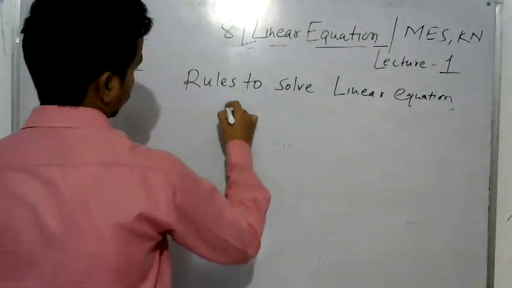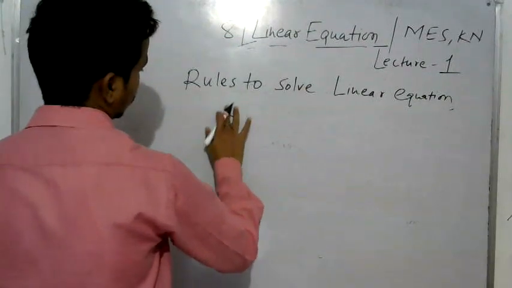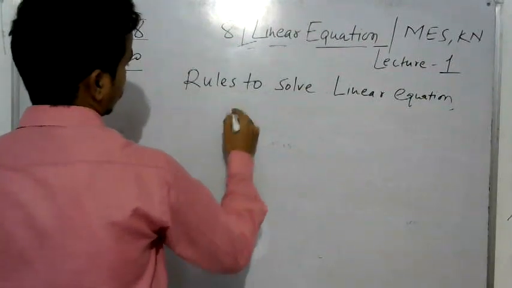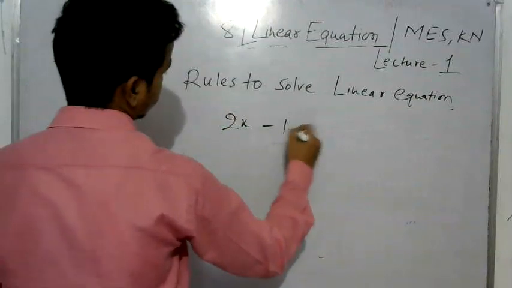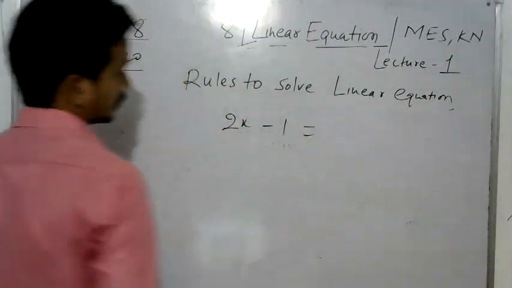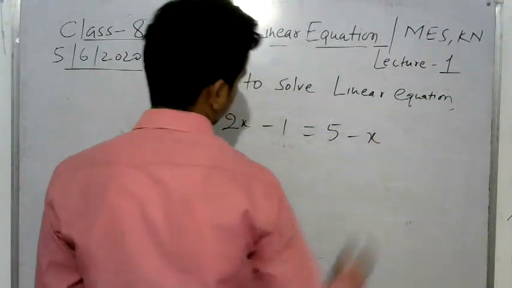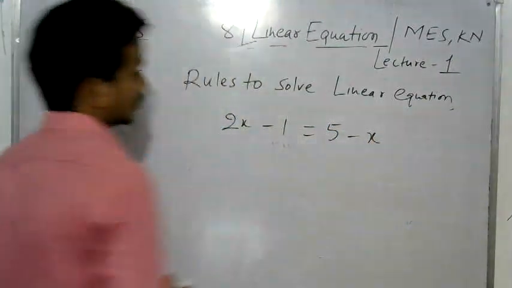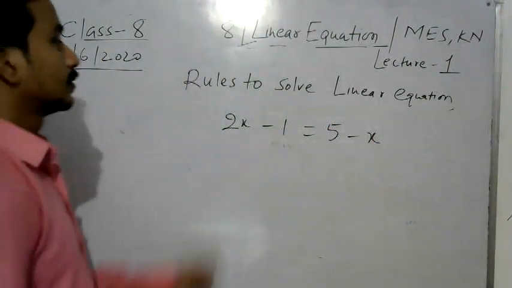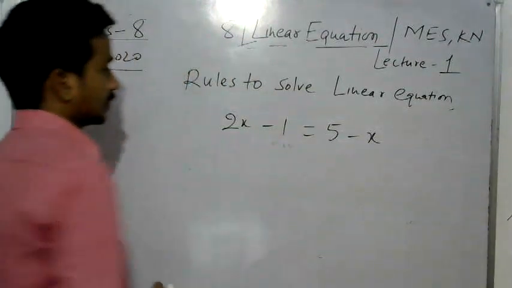Suppose there is an equation 2x minus 1 is equal to 5 minus x. So 2x minus 1 equals 5 minus x.